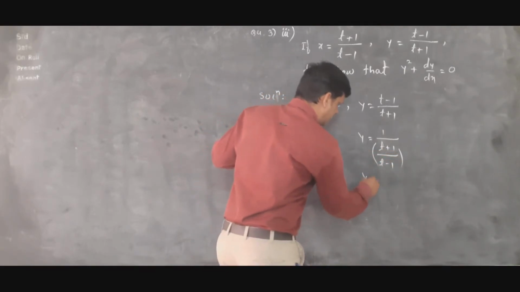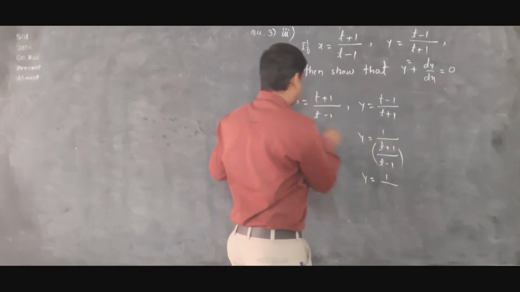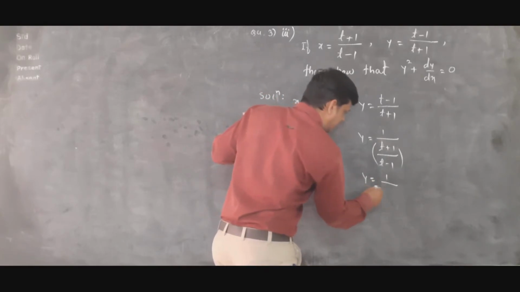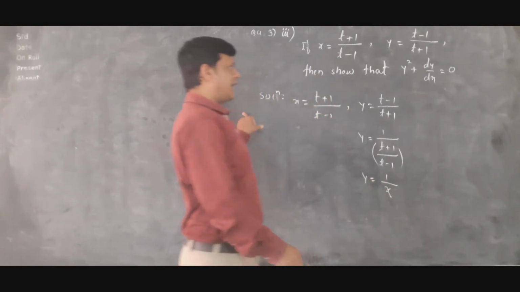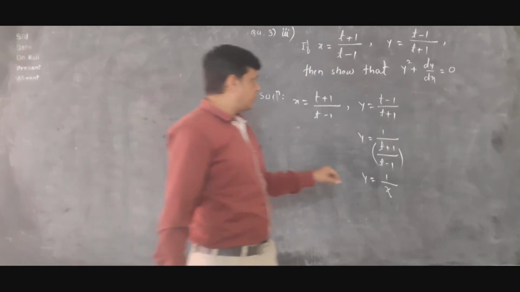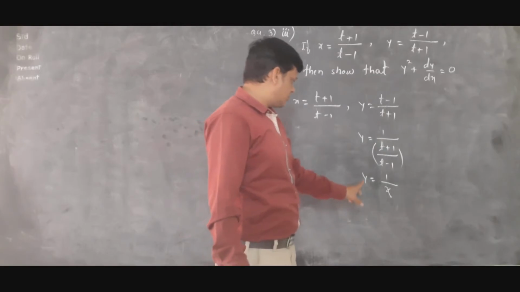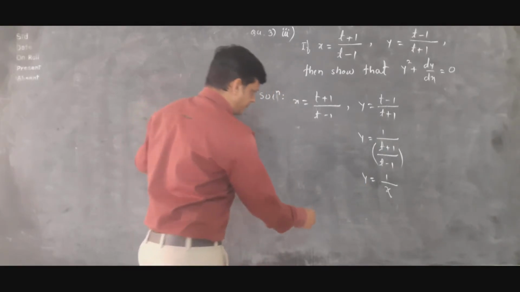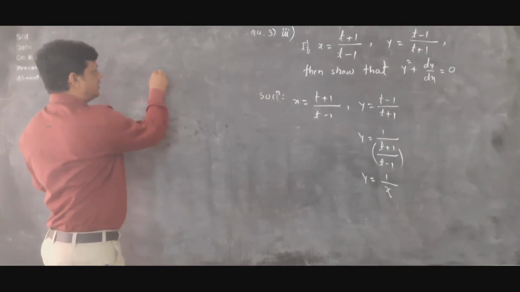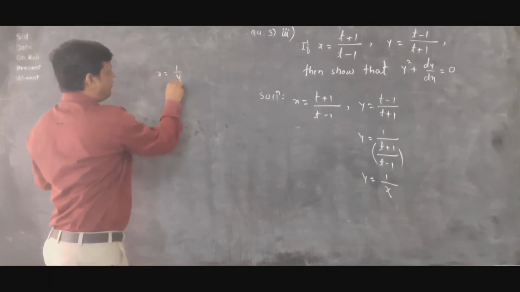Now if you observe, this denominator is the value of x. So we write y is equal to 1 by x. Now we require y square plus dy by dx equals 0. So we write this as x is equal to 1 by y.